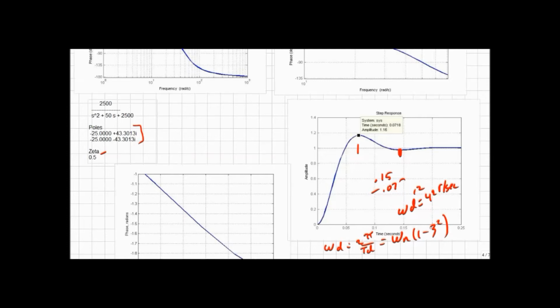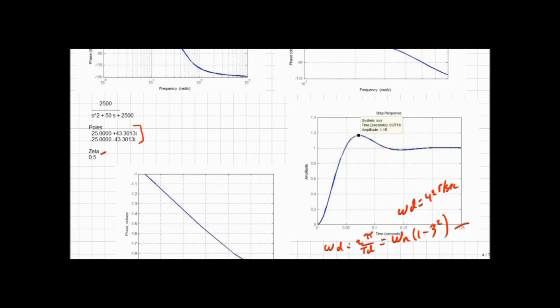The damped frequency is going to be slightly slower than the natural frequency, so 42 seems reasonable for a damped frequency. But now I have to find zeta to put into this calculation here. I can't really use the log decrement method because I don't get a couple of cycles. I don't get good cycles here to do that decrementing over.